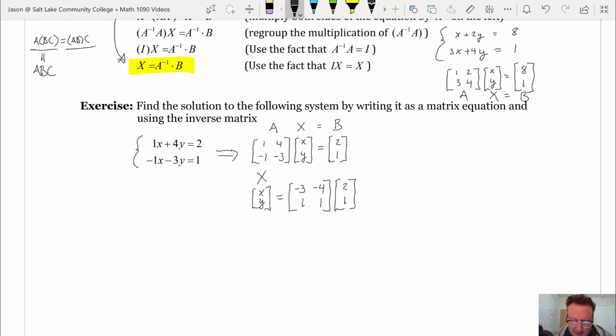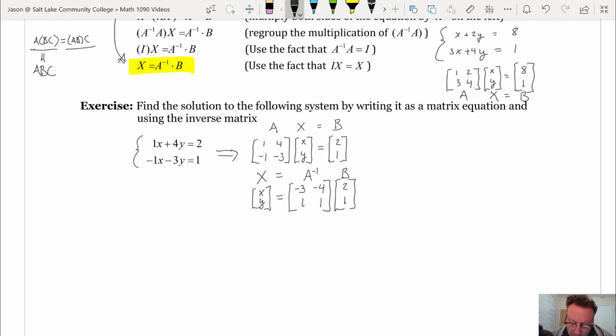This is capital X. The little x in the vector is a lowercase x. So capital X is the matrix or vector containing the unknowns. This will be equal to A inverse times B. I'm just using the yellow highlighted equation above: if AX equals B, then X equals A inverse times B.